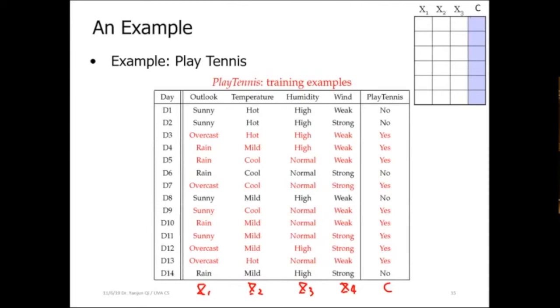Here I assume the C variable is a Bernoulli distribution. How many possibilities are there? Only yes and no.